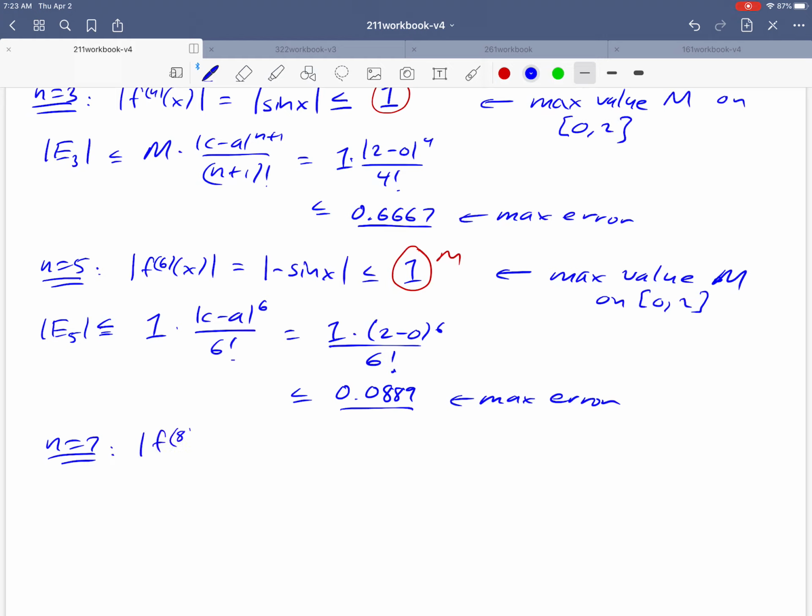So if n is 7, we need to look at the 8th derivative of our function. And I'll let you confirm that if you take 2 more derivatives, you're going to get back to sine of x. Its maximum value is going to be 1 again. M turns out to not change in our problem. And then when we calculate the error, it's going to be the error for n equals 7 in this case.